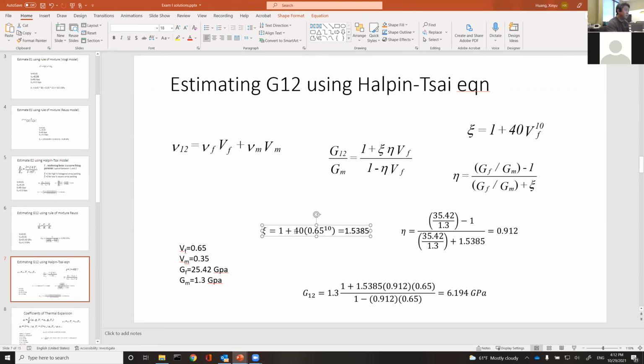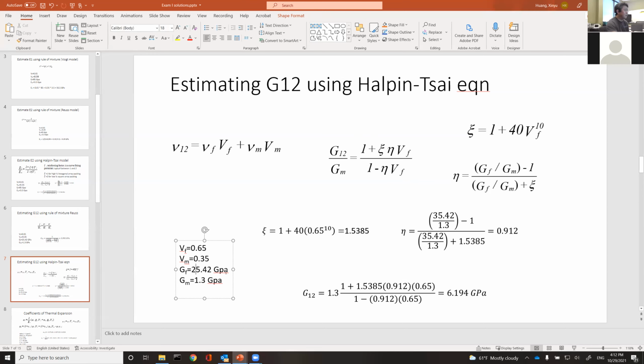65% raised to the power 10 times 40 plus 1. This is dimensionless because VF is a ratio, so the whole thing is dimensionless. It turned out to be 1.54. Okay. And then you use Kasi to calculate eta. Eta is another parameter that's needed in the final equation. So I pre-calculated eta.